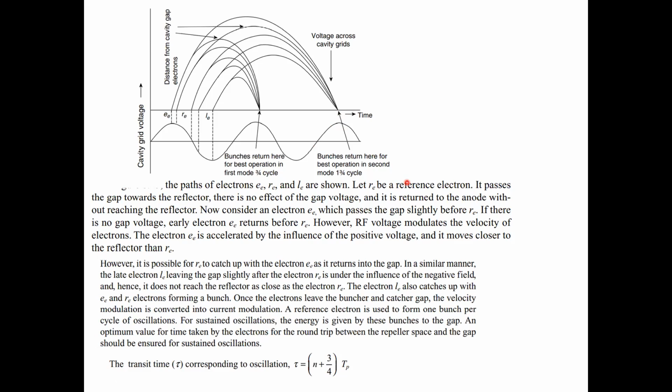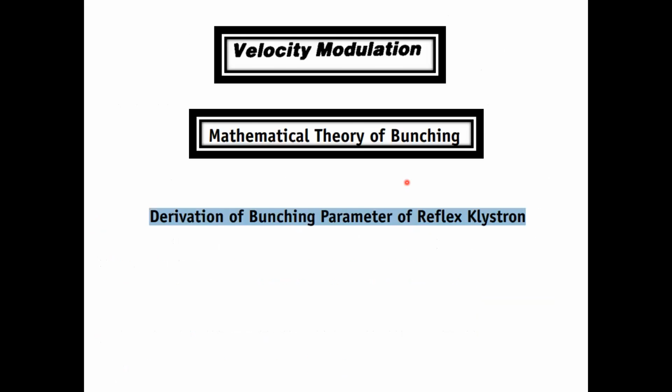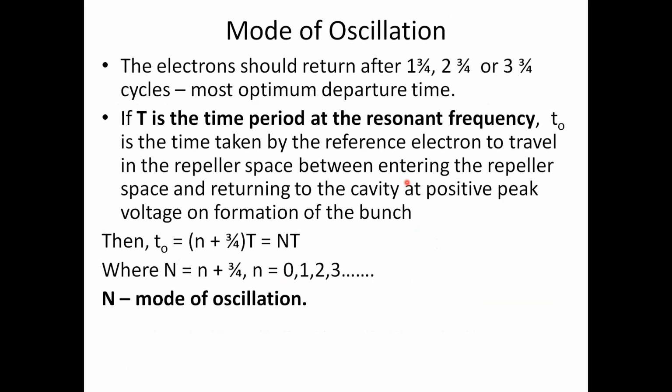Now, same like the two cavity klystron, let me move on to the mechanism. Here the reflex klystron has modes of oscillation. For the first mode, it indicates 1 into 3 by 4. For the second mode, it indicates 2 into 3 by 4.